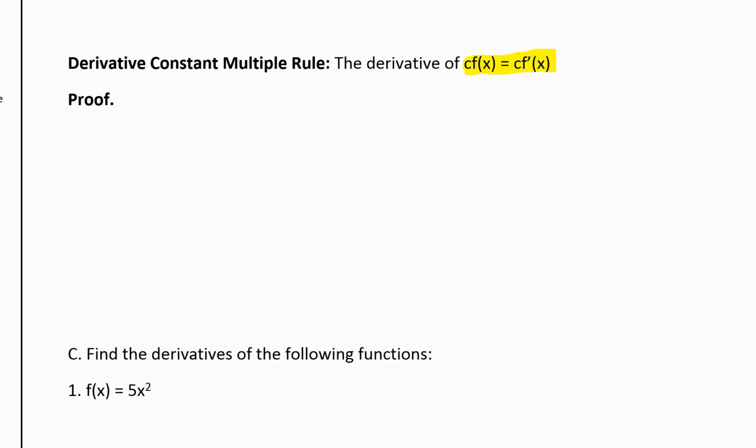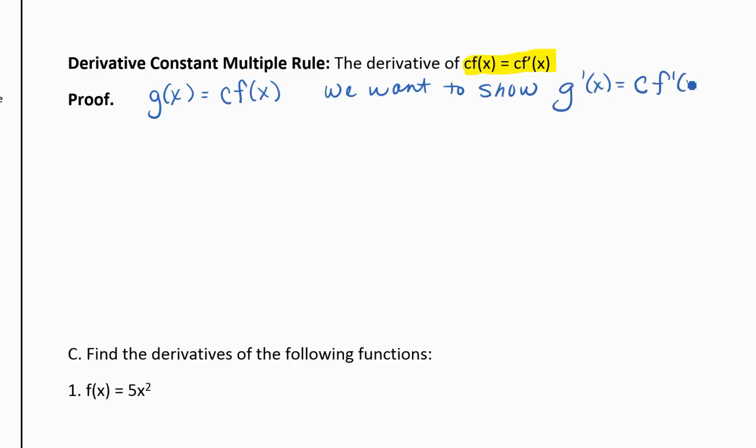So here's how the proof of that is going to work. Let's call our function g of x, and it's going to be equal to a constant c times our function f of x. And what we want to show is that the derivative g prime of x is equal to c times f prime of x.